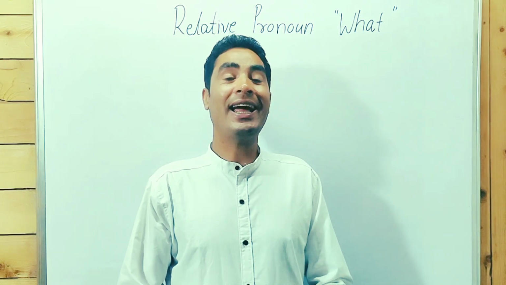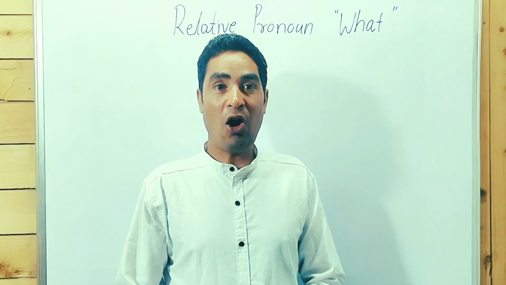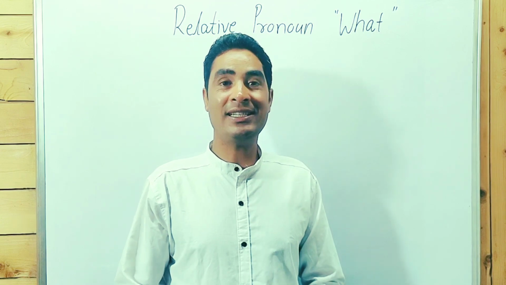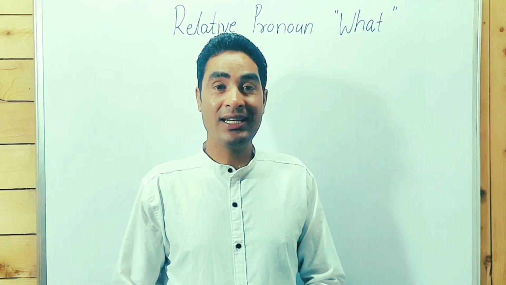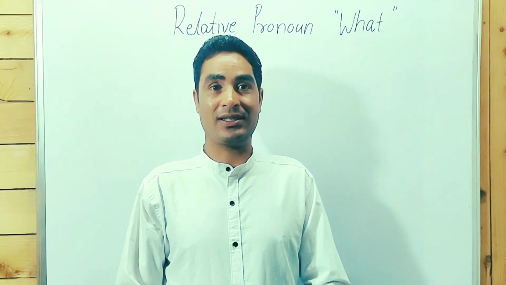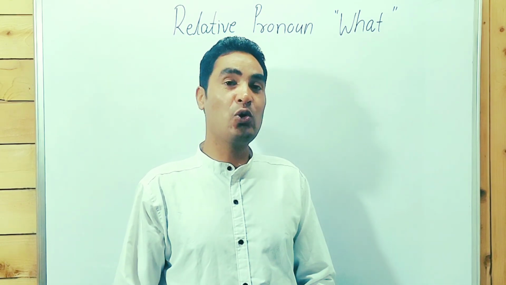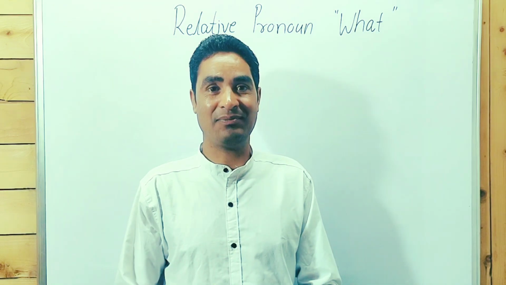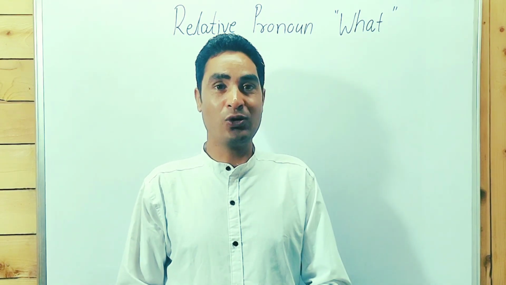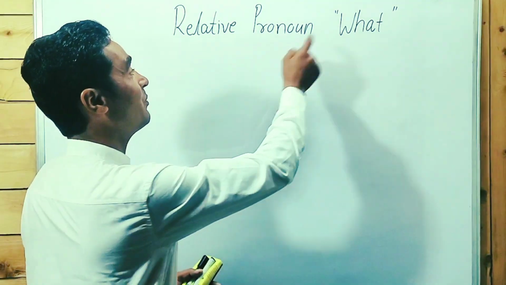And third, that is used as a relative pronoun with some words such as all, the same, the only, the little, the few, nothing, none, anything, everything, etc. When these words are used with an antecedent, in this case we use the relative pronoun that, not who, whom, and whose. Now let's start learning about the relative pronoun what.